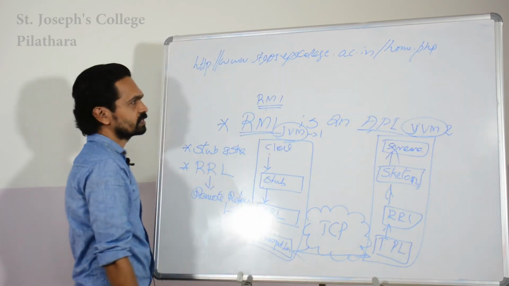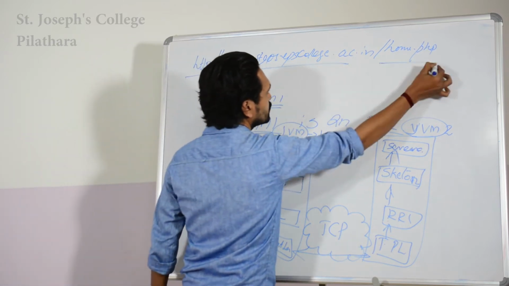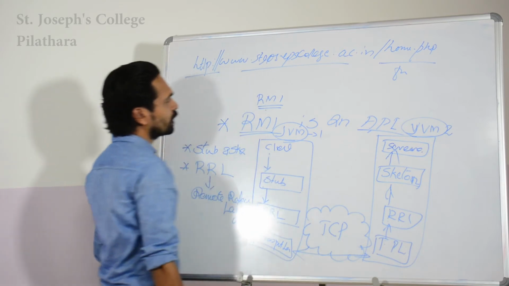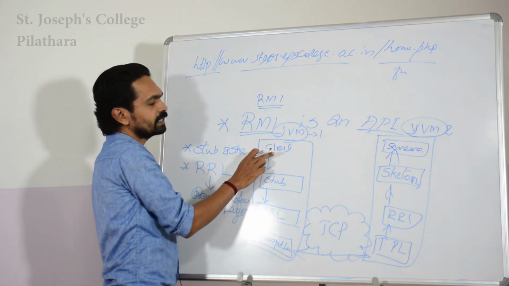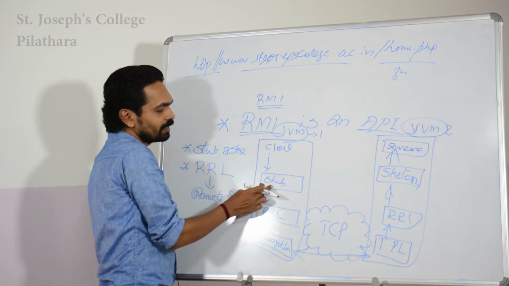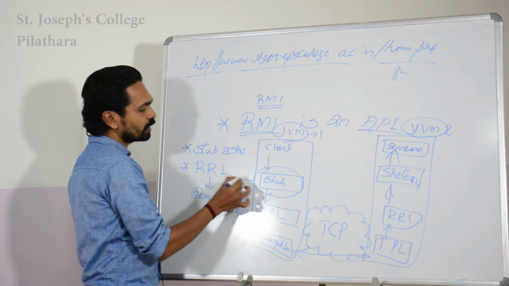This is our request. We know that this has the protocol, the domain name and the file name. These are the three parts. That request is sent from the client machine to the stub.